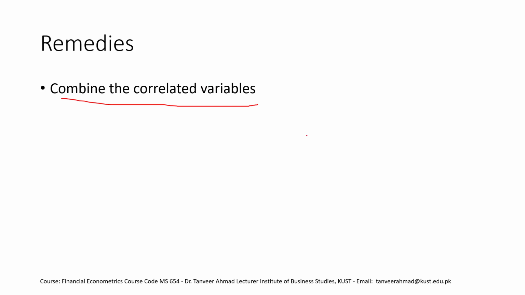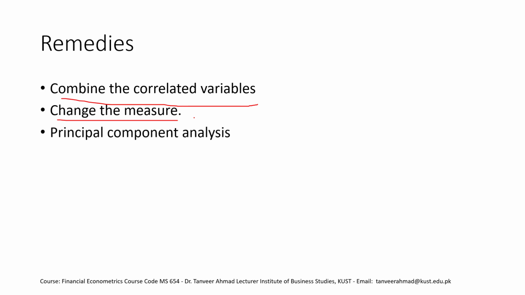Okay, so we can change the measure. If we have measured a variable using some specific measurement, we can change that specific measurement. That might remove multicollinearity. And lastly, we can use principal component analysis.